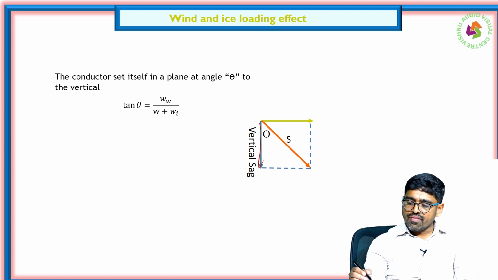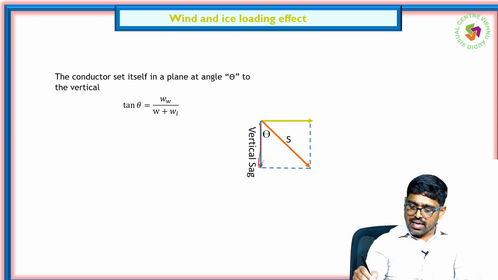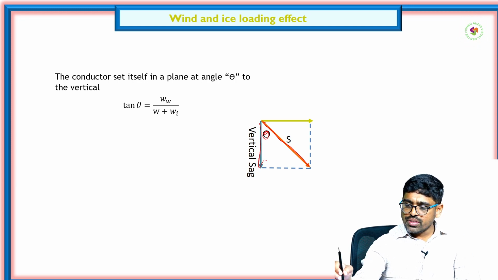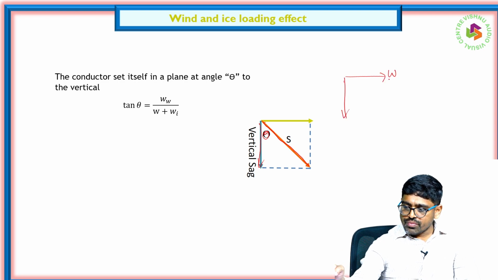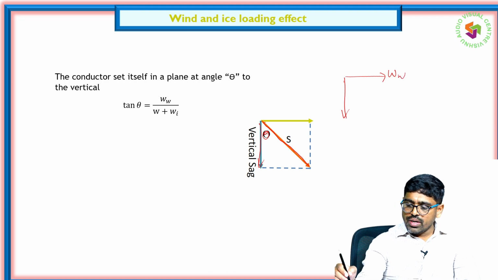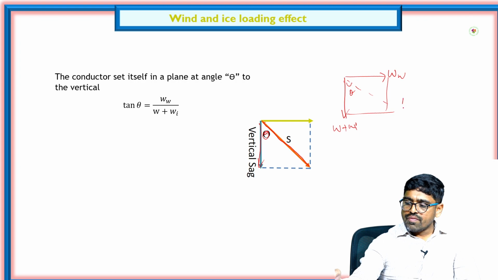From this relation, with wind loading Ww and W plus Wi, and the resultant of these two at angle theta, tan theta equals Ww by (W plus Wi).